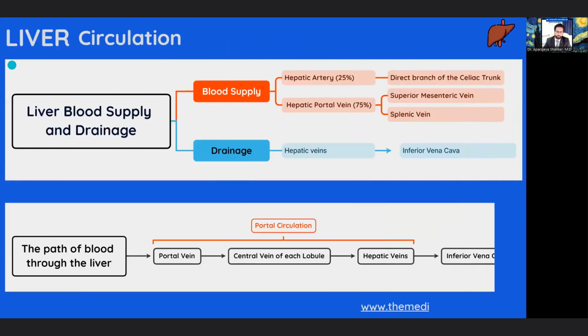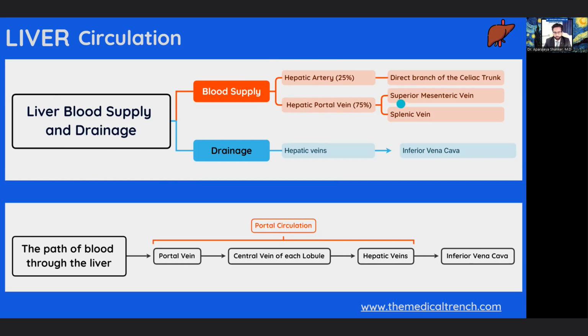In the liver, the first thing that I think we should remember is the liver's blood supply, drainage, and the path of blood through the liver. This is important because most liver diseases have something to do with the blood supply and the drainage. The dominant blood supply of the liver is not the hepatic artery, it's the hepatic portal vein.